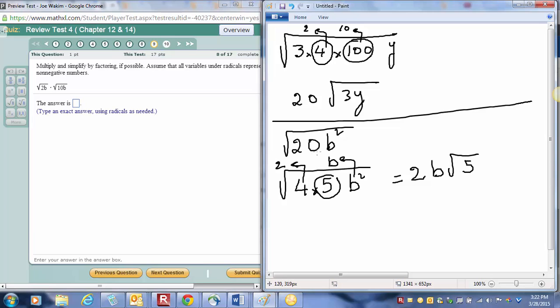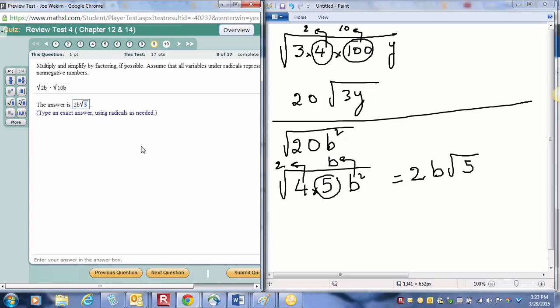So when I have 20, 20 is not a perfect square, but 4 times 5, 4 is a perfect square, b squared is a perfect square, b squared will come out as b, 4 will come out as 2, so the final answer would be 2b square root of 5. And of course 5 is not a perfect square and will stay inside the radical.